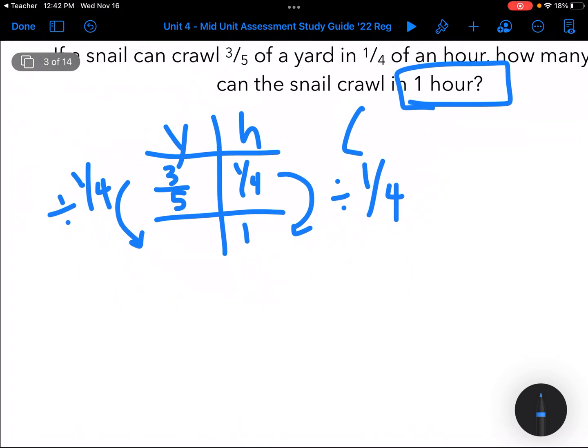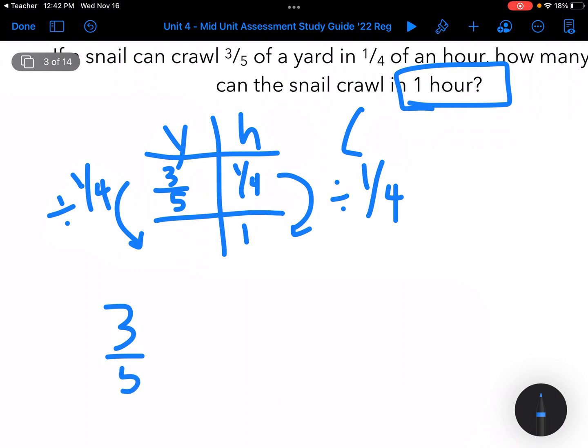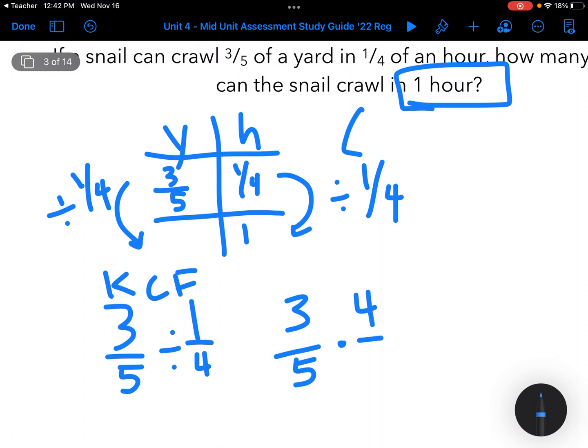So I've got 3/5 divided by 1/4. So I'm going to keep, change, flip. And if you remember, the flip is called the reciprocal. So 3/5 times 4 over 1. So I end up with 12 over 5. 5 goes into 12 2 whole times with 2/5 left over.